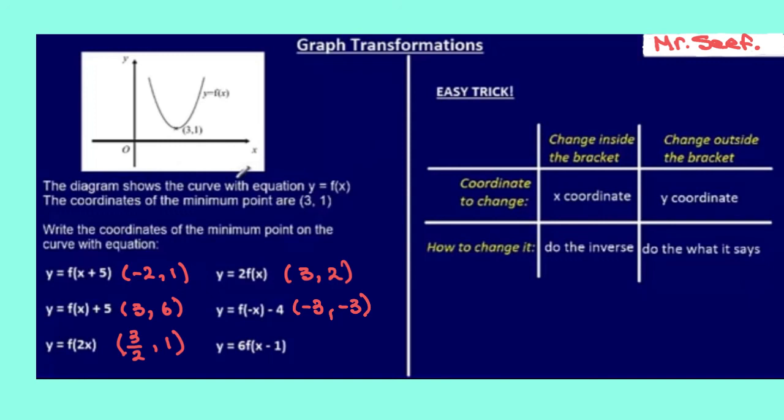So the inverse of minus 1 is plus 1. So 3 plus 1 becomes 4. And then we've got the 6 outside the bracket. That means we change the y coordinate and we do what it says. So 6 times 1 gives you 6. So the new coordinates become 4, 6.